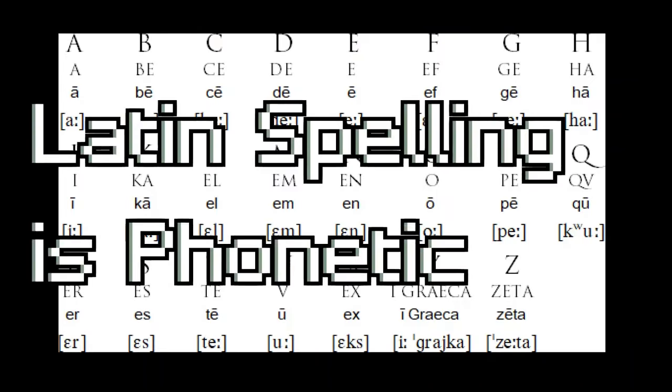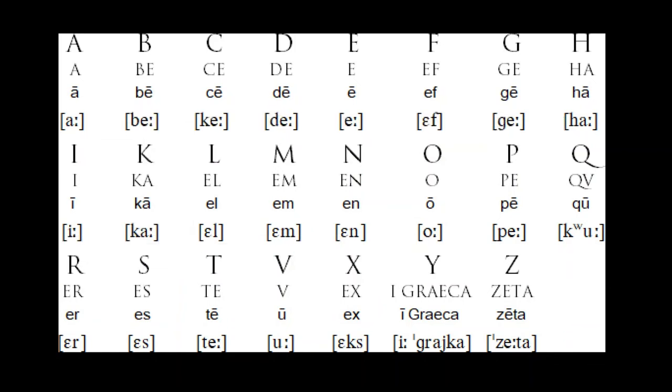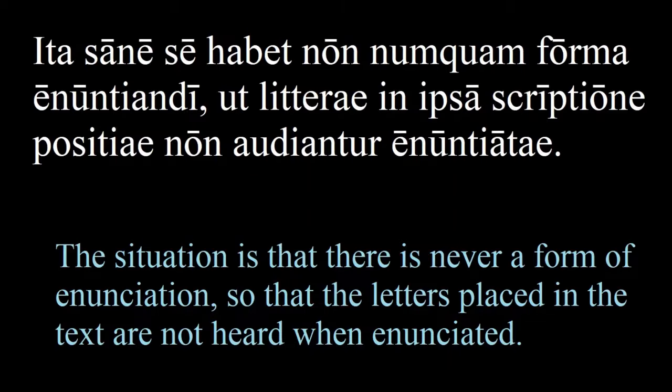Latin spelling is phonetic. Latin did not inherit its spelling from any earlier language, so it is a phonetic alphabet. The grammarian Julius Longus confirmed this, saying, "Ita sane se habet non numquam forma enuntiandi, ut litterae in ipsa scriptione positae non audiantur enuntiatae."